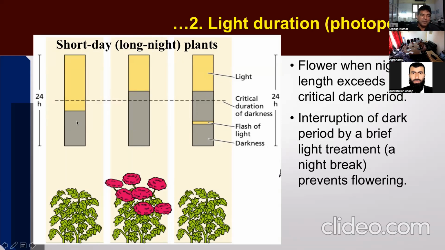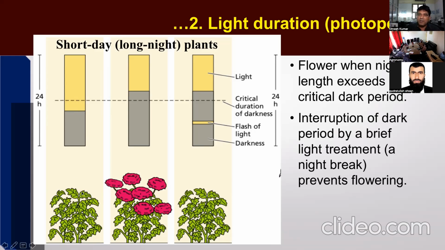Here you can see this is the dark period, and this much dark period is required. After a certain number of hours of darkness, you have started giving light. This is the line, you cannot cross it. Up to this period, darkness has to be there, or more than this.